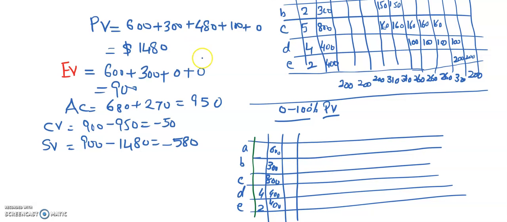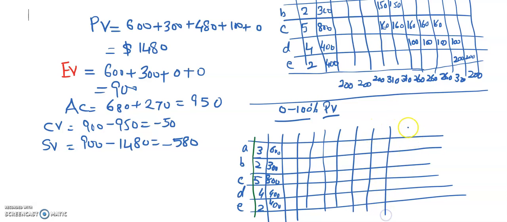And then the number of days are like 1, 2, 3, 4, 5, 6, 7, 8, 9, 10. So let me write it here. This is end of day 1, 2, 3, 4, 5, 6, 7, 8, 9, and then 10.